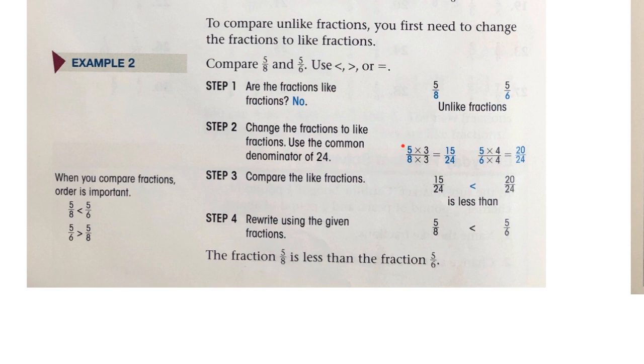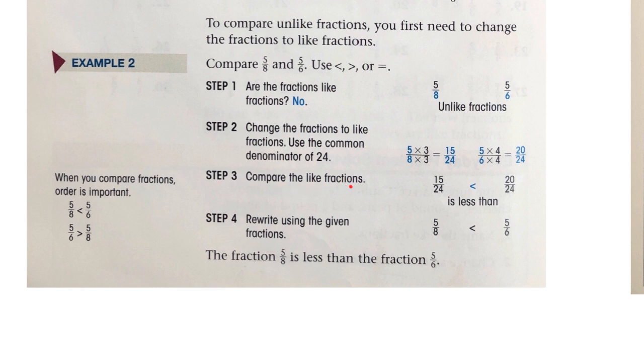So to change 5/8 to 24, multiply the numerator and denominator by 3. That gives you 15 over 24. To get 5/6 to have a denominator of 24, it takes 4 sixes. So multiply the numerator by 4 to get 20. So 20 over 24.